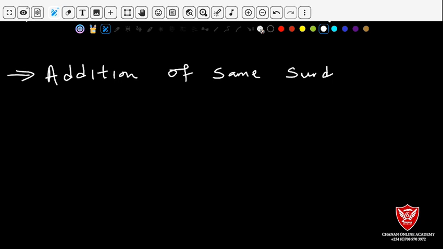Now you must take note that addition in surds can only happen to like terms or like surds. So if we have root a plus root a, it is equal to, so this is one root a, another one root a, so it becomes 2 root a.